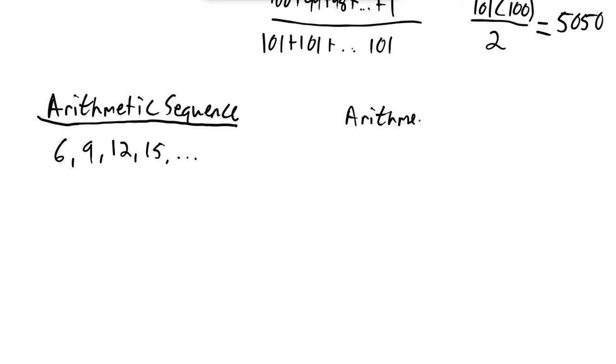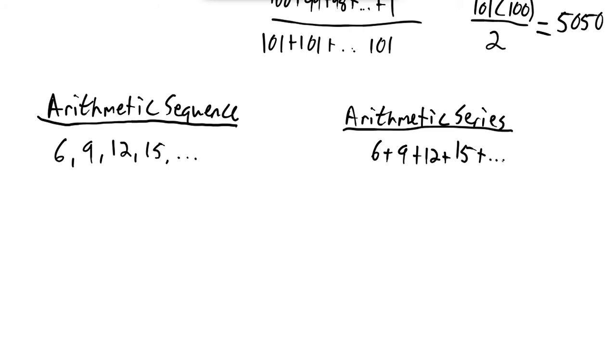So an arithmetic series for that sequence would look like 6 plus 9 plus 12 plus 15 plus and so on. All a series is, is a sum of the terms of a sequence.